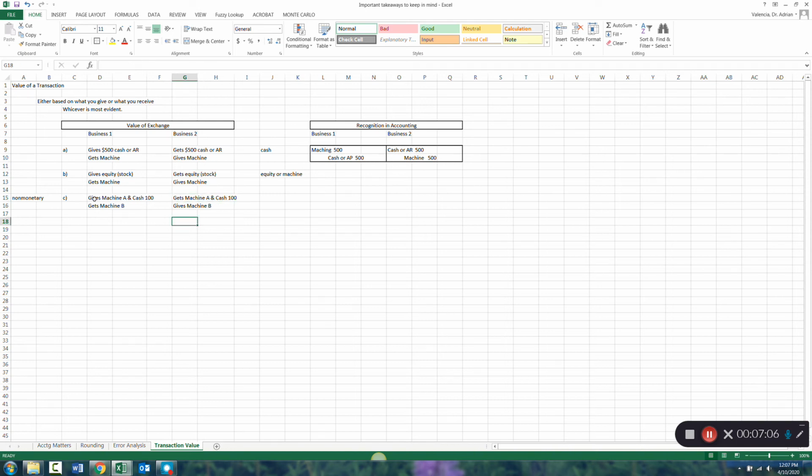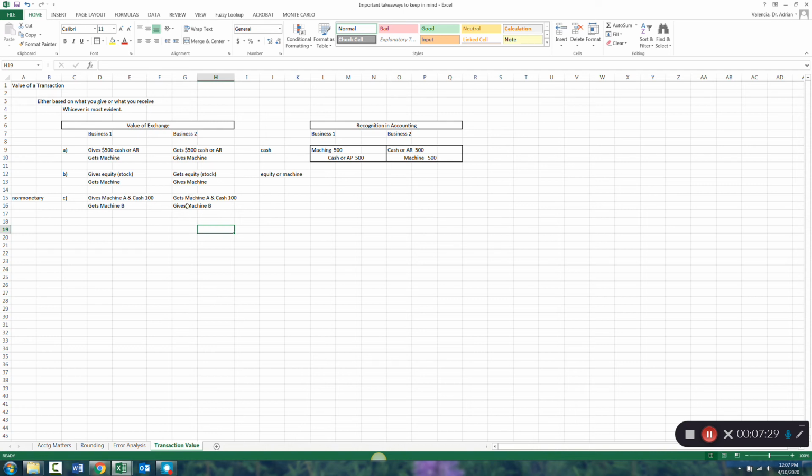Now, this assumes that there's symmetry here, and there doesn't have to be. In other words, if I'm business 1, I can perceive that machine A is worth $400 plus 100, meaning that for business 1, the value of the exchange is $500. But I could also be in a different scenario if I'm in business 2.